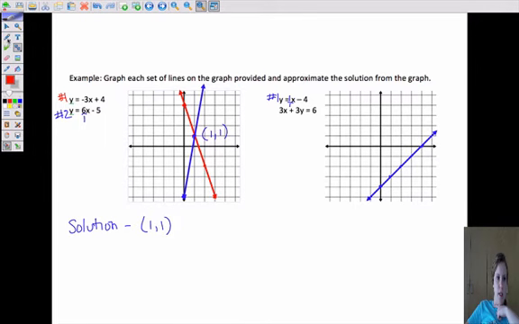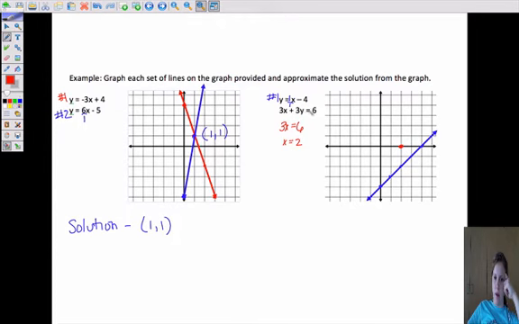Now our second equation here is given in standard form. So remember, in standard form we can find the x and y intercepts. If y is 0, what's our x-intercept going to be? Well, 3x is going to equal 6, so x is going to equal 2. So when y is 0, x equals 2.